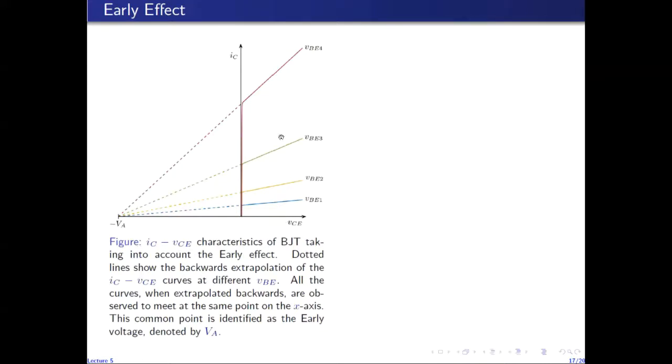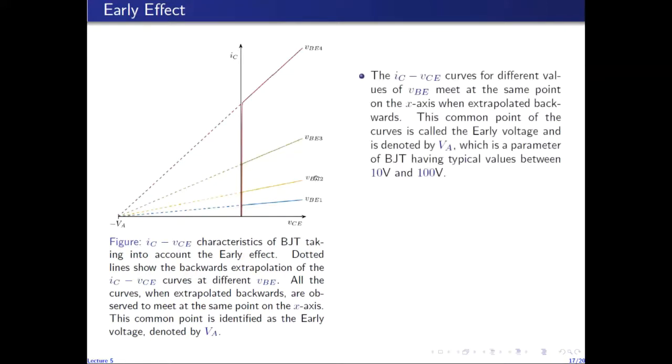But now we know that IC does actually increase with increase in VCE. So IC VCE characteristics are modified like this. At a given fixed VBE, in the forward active mode, IC has a correlation with VCE. Increasing VCE increases IC.